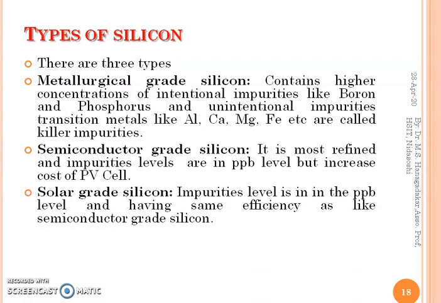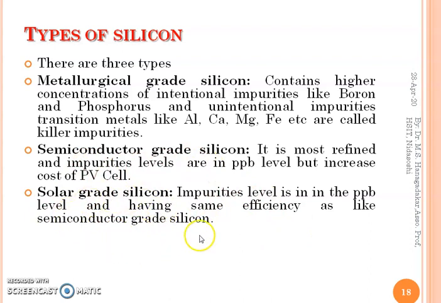Now let us discuss one more type of silicon, called solar grade silicon. Solar grade silicon is also the same type of silicon, where the impurity levels are reduced to the parts per billion level, and it has the same efficiency as semiconductor grade silicon.